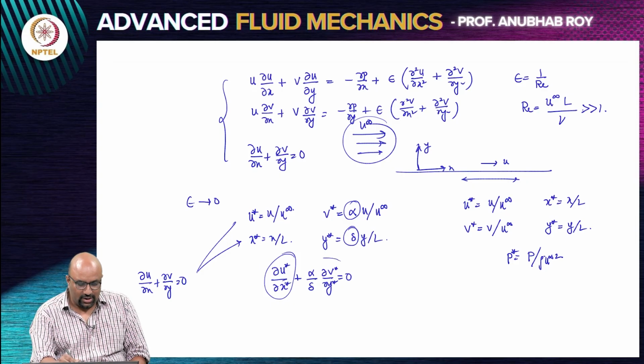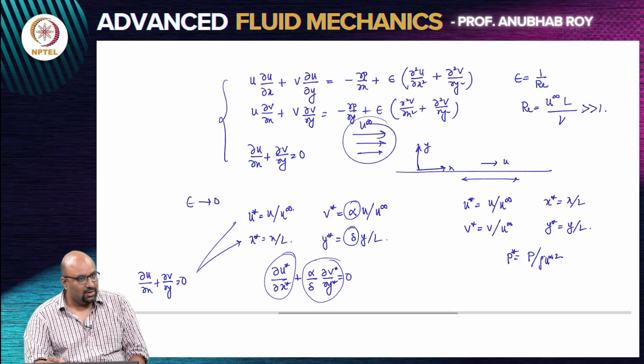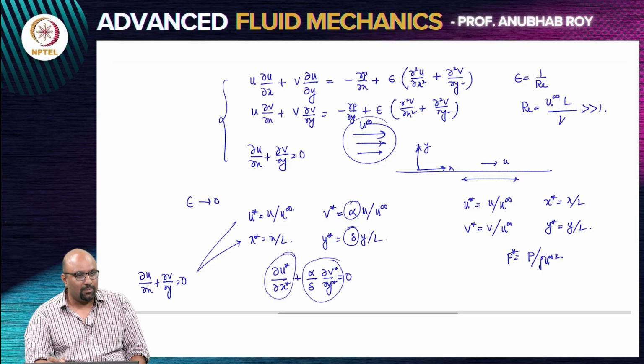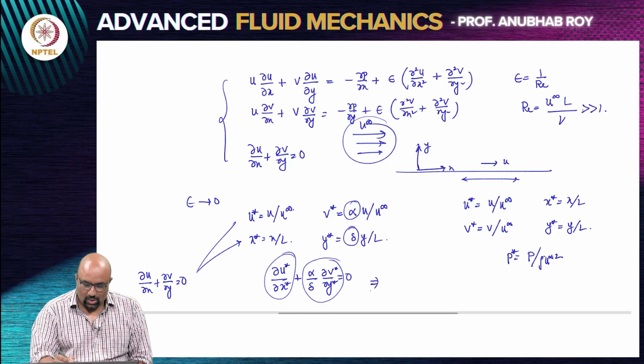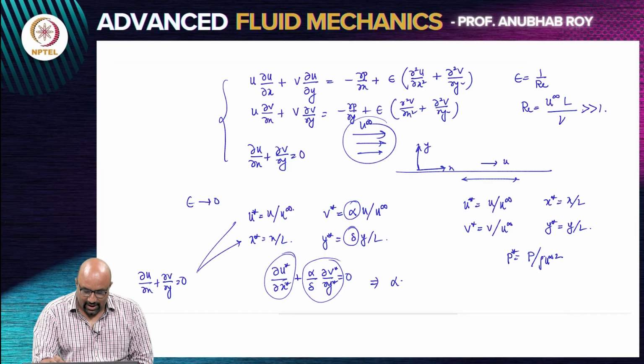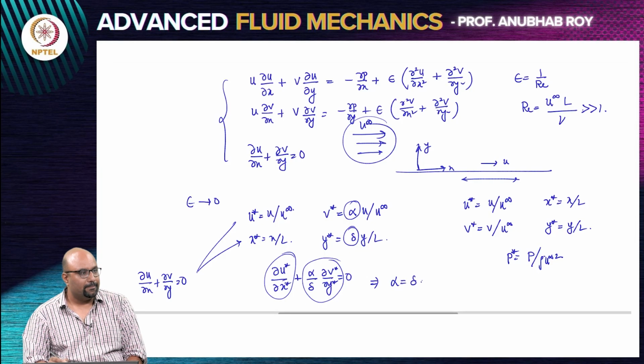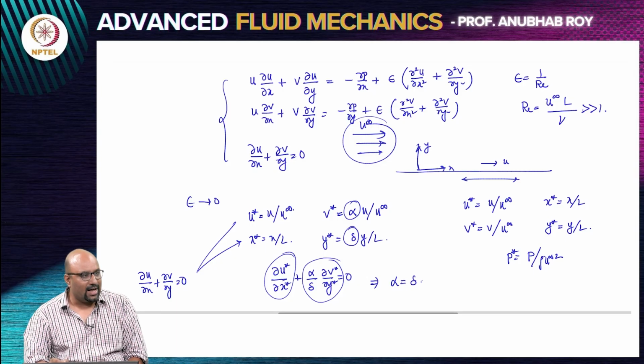If there is any choice of alpha and delta which makes this quantity either order epsilon or smaller, that means I land up with an equation which is ∂u/∂x equals 0. That means the fluid velocity along the x direction does not vary at all. I get a constant fluid velocity. So, to have mass conservation being satisfied, I need alpha to be equal to delta. That is the only way I can satisfy the condition for mass conservation.